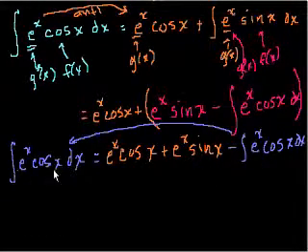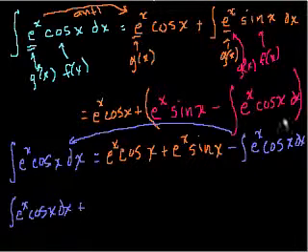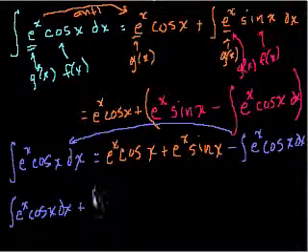Well, if I take this and put it on this side of the equation, what happens? I then have two of these on the left side of the equation. So I could write it out. That's e to the x cosine of x dx plus, because I'm taking this and putting it on that side of the equation, e to the x cosine of x dx, right?